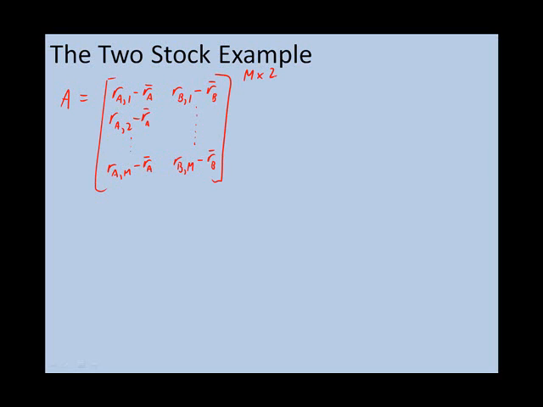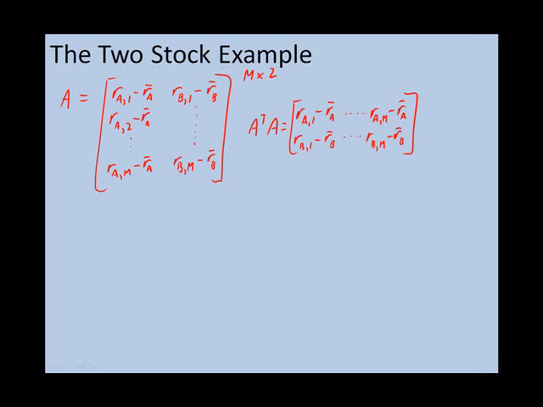A transpose times A is going to be equal to, we have RA time 1 minus the mean for A. We have that, we can fill out this transpose matrix. We have the same for B. The rows have become columns and the columns have become rows when we take the transpose.